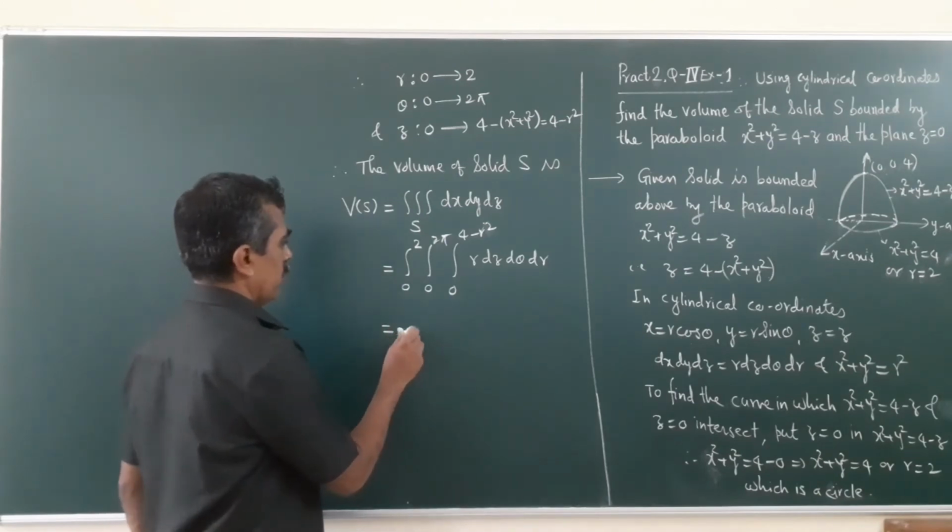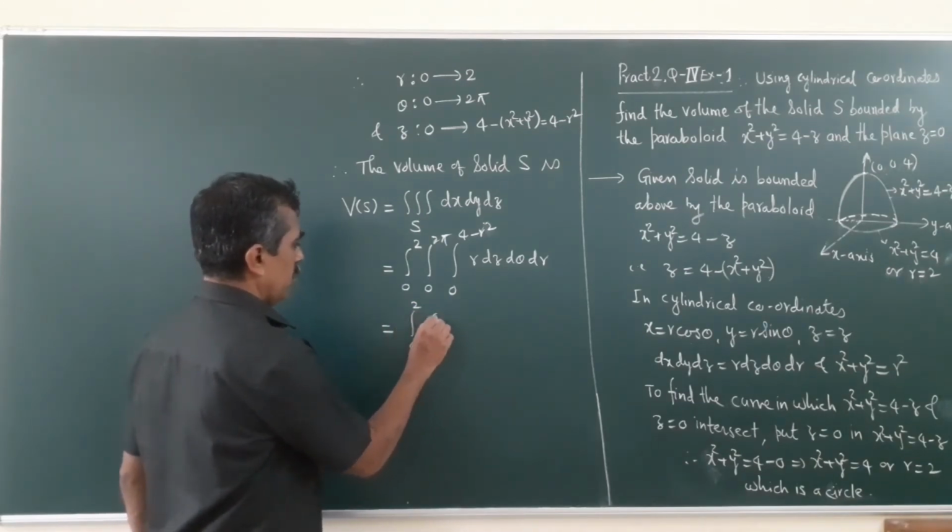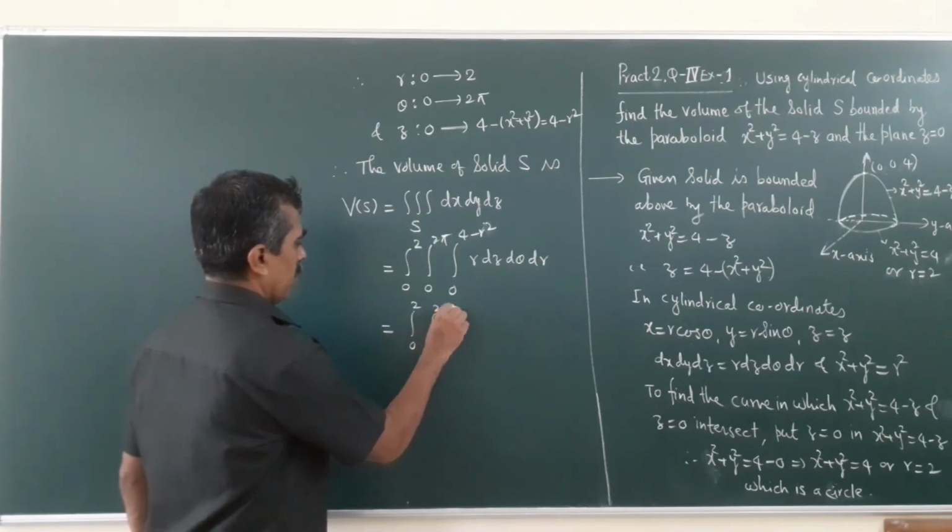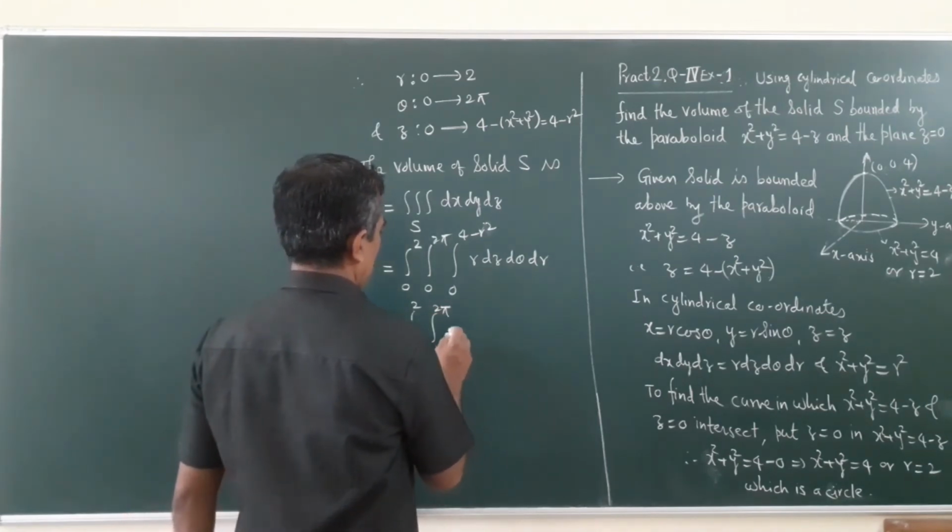So this equals integral 0 to 2, integral 0 to 2 pi, r as it is.